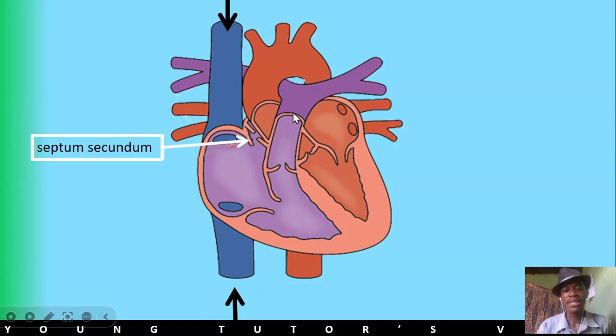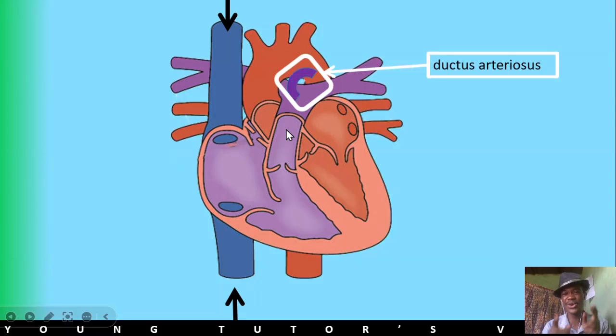Since we have no pulmonary circulation working, blood that flows through the pulmonary trunk finds an alternative pathway through a duct that we call the ductus arteriosus.